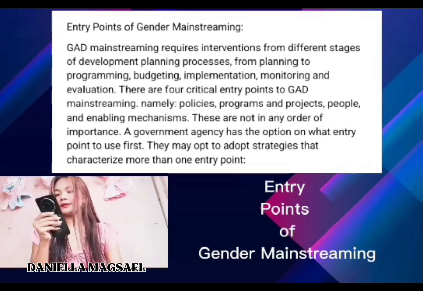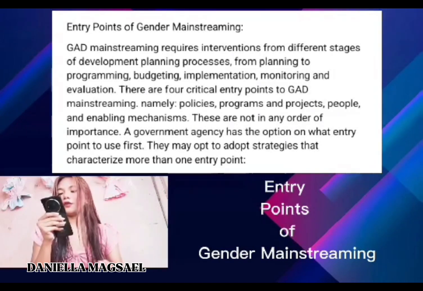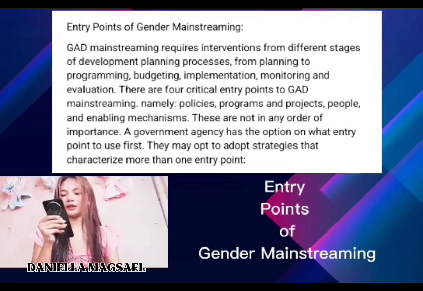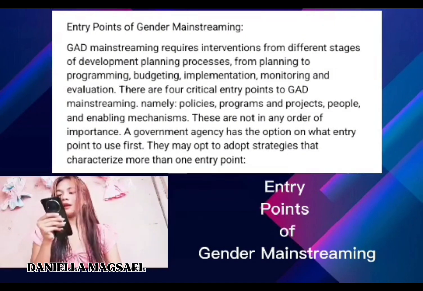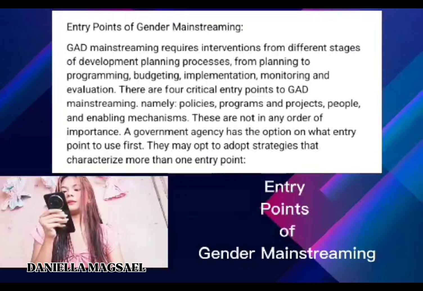Mainstreaming requires intervention from different stages of development planning processes, from planning to programming, budgeting, implementation, monitoring, and evaluation. There are four critical entry points to GAD mainstreaming, namely policies, programs and projects, people, and enabling mechanisms.